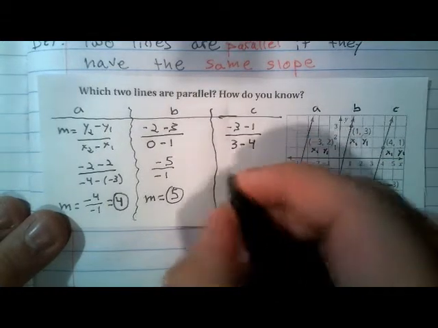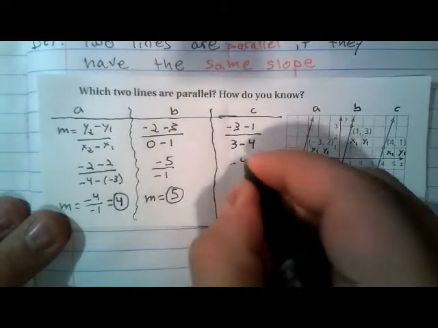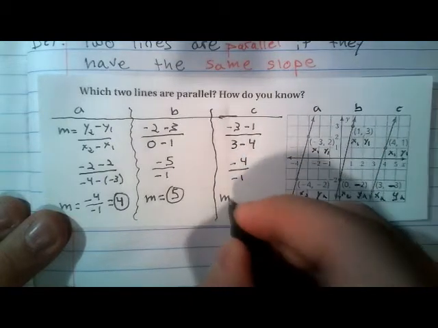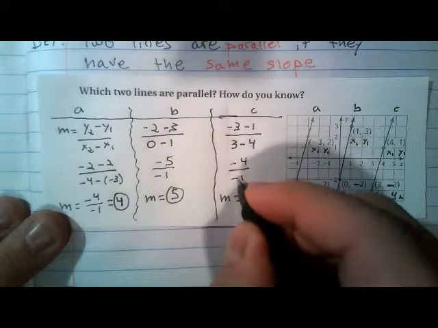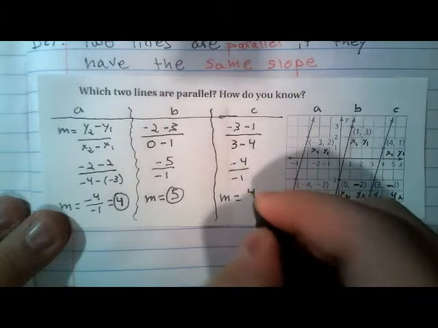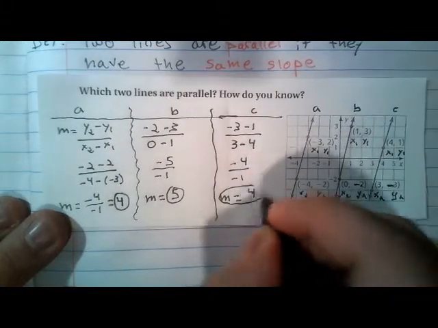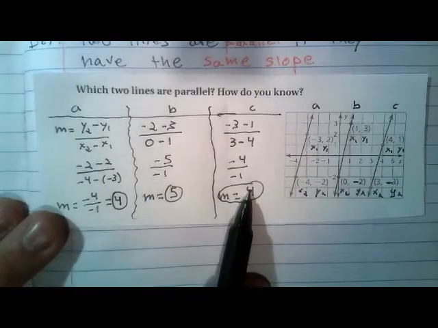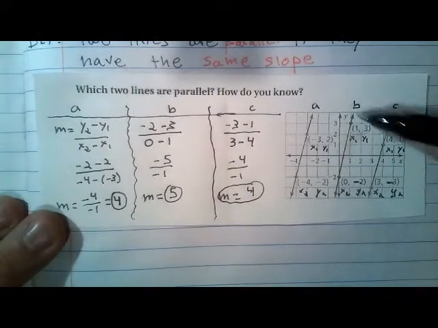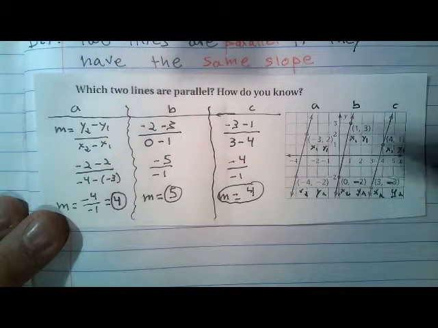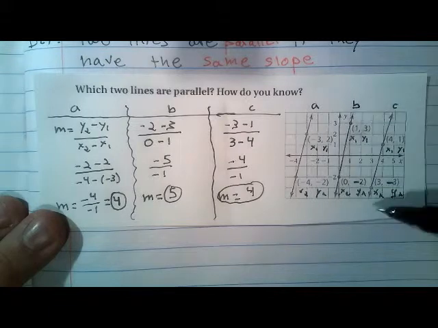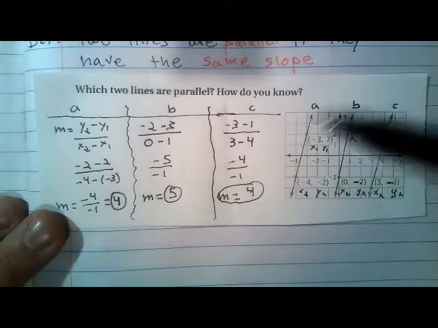Negative 3 minus 1 is negative 4. 3 minus 4 is negative 1. Negatives cancel out, so we have a positive 4, which means that line A and line C are parallel. So while B looks like it's parallel to either A or C, these ones are in fact the ones that are parallel. Okay? And parallel means that they will never touch.